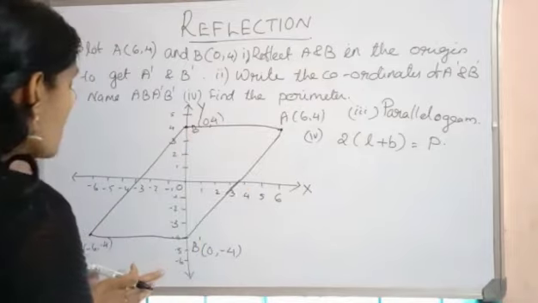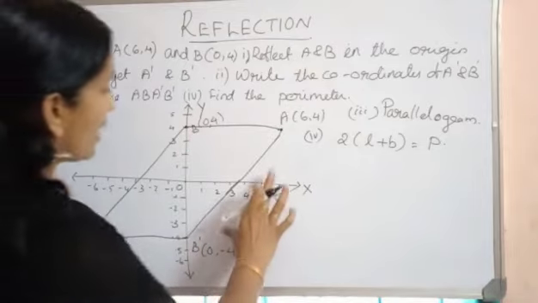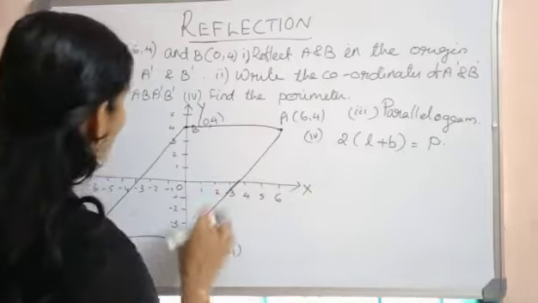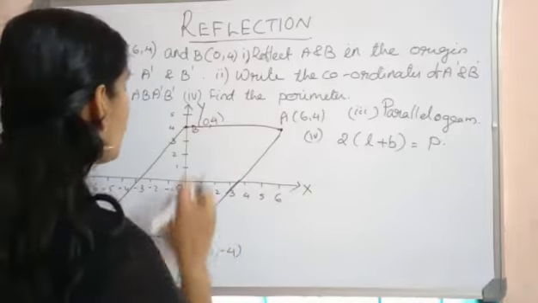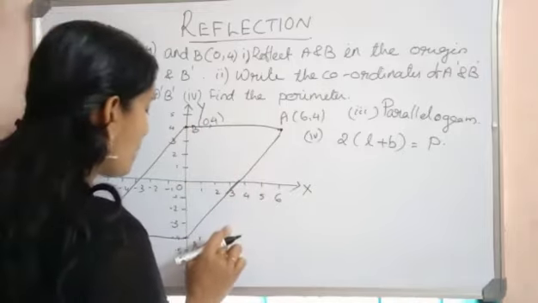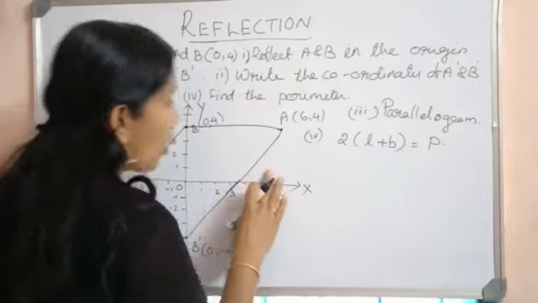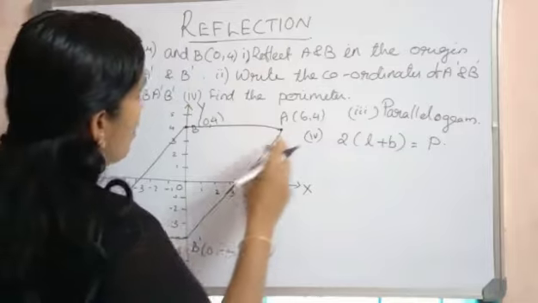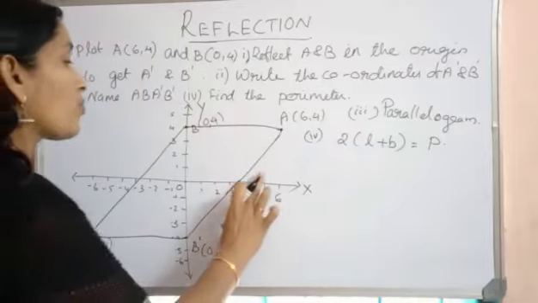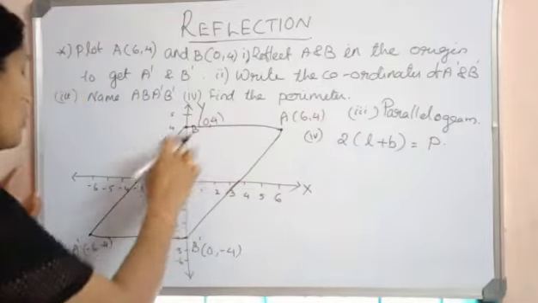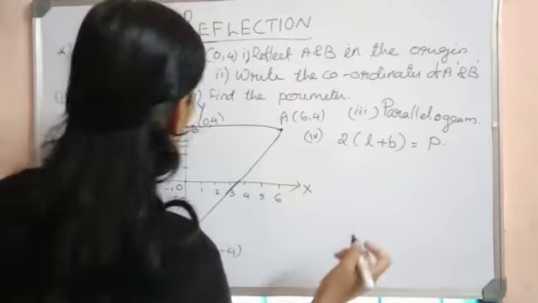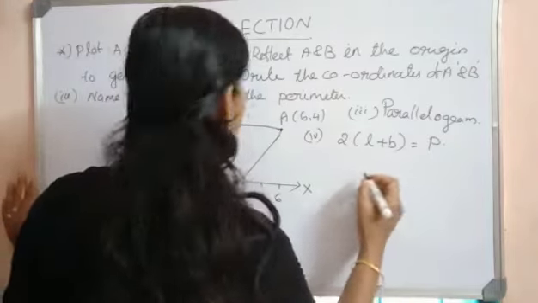The same way A dash B dash is also 6 units, and the other side, that is AB dash or A dash B, both are of the same length since it is a parallelogram. This can be obtained by measuring it with a scale, or you can use the distance formula to find it.